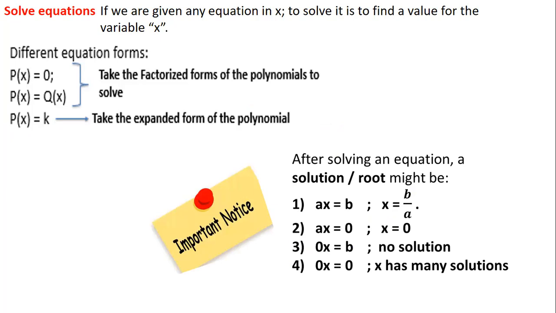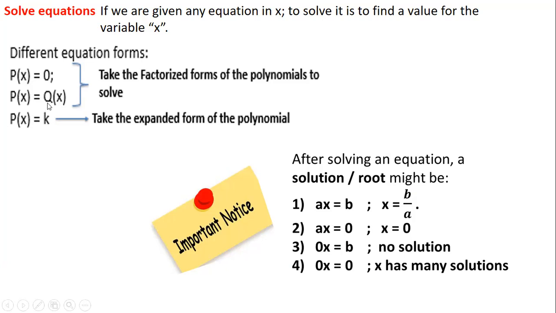Now, also as a reminder, how do we solve equations? We know what an equation is. An equation is a sentence in math having two sides. Between the sides, we have an equal sign. So if we are given any equation in X, to solve it is to find a value of the variable X. If we are solving an equation on an algebraic expression, we might be asked to solve P of X equals 0, P of X equals Q of X, or P of X equals K, where K is a number, positive or negative.